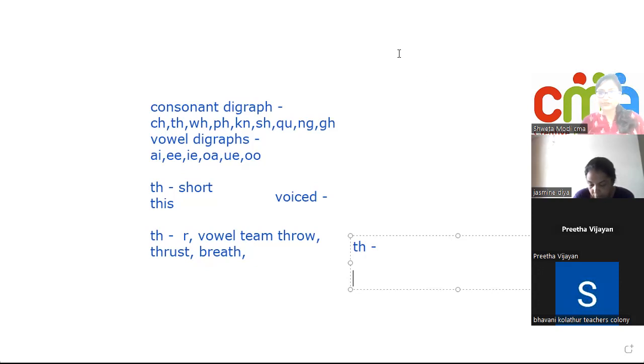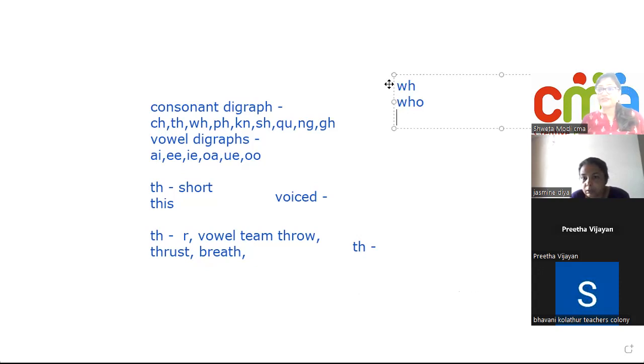Now, if you talk about the consonant digraph WH, what do you think? Which sound comes with WH? W. Yes, but when WH is followed by O, then W gets silent. And it says what?